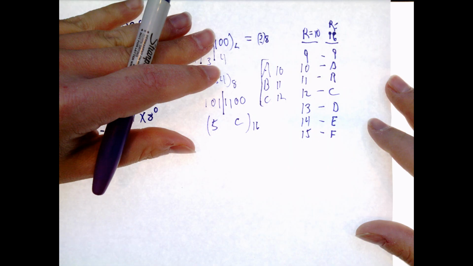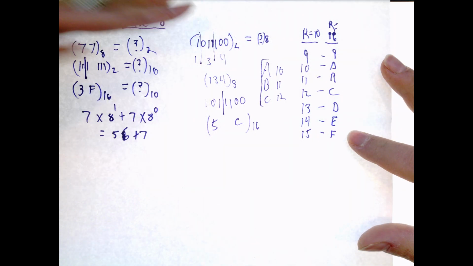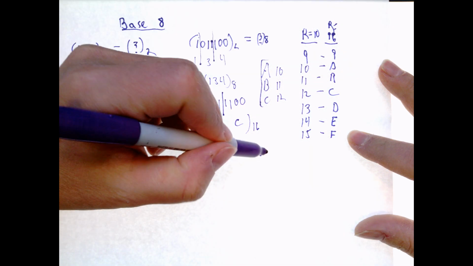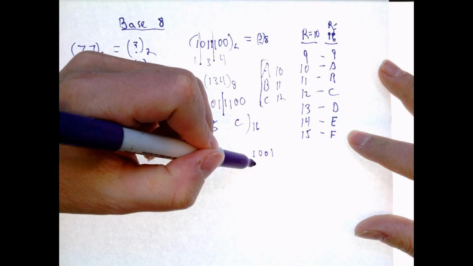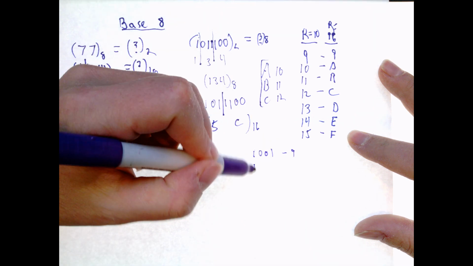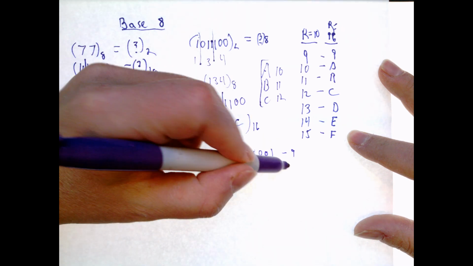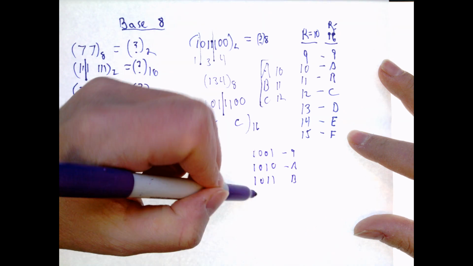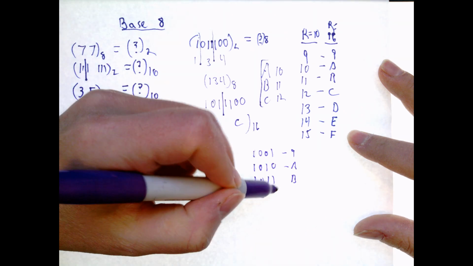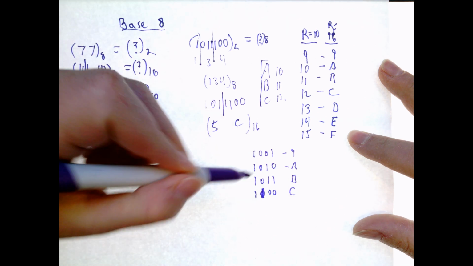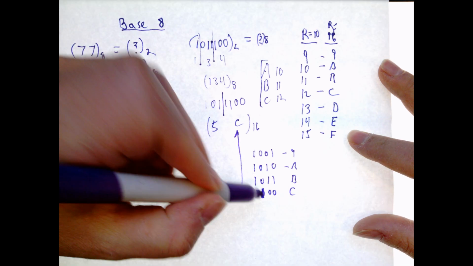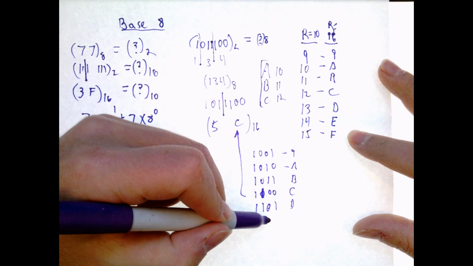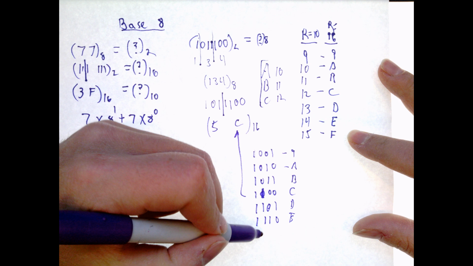And from these basic symbols, we can write down the binary equivalents. 1, 0, 0, 1 is going to be 9. 1, 0, 1, 0 will be A. 1, 0, 1, 1, B. 1, 1, 0, 0 will be C, which is what we saw over here. 1, 1, 0, 1, and 1, 1, 1, 0, and finally 1, 1, 1, 1.